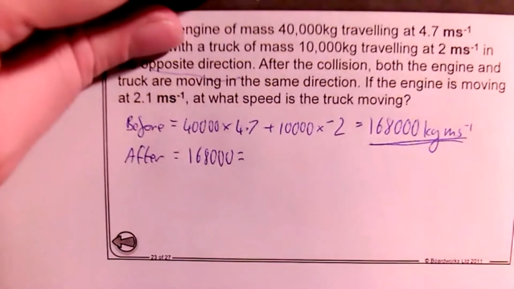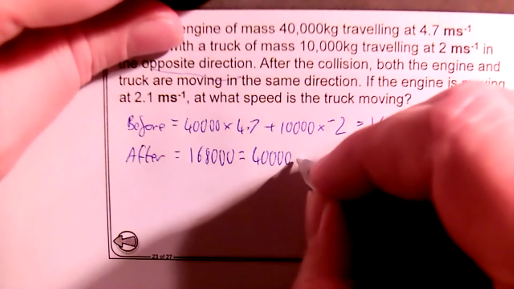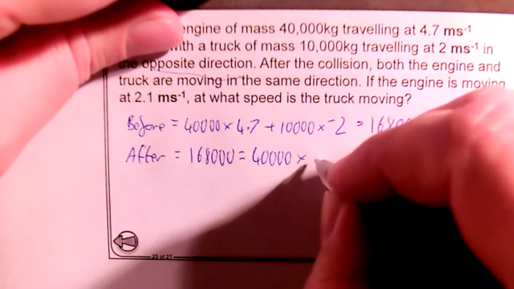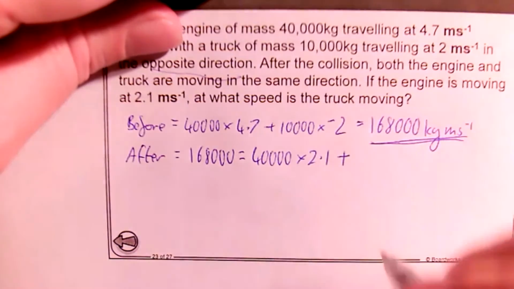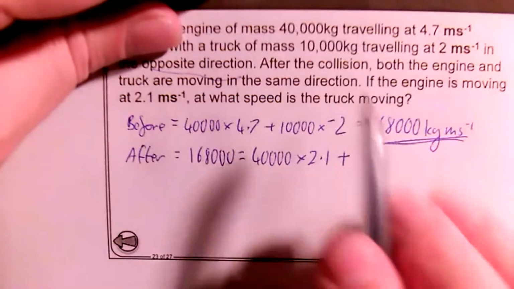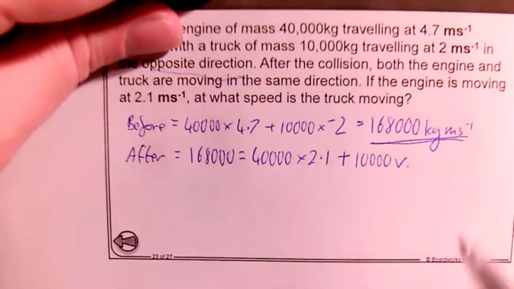So it's 40,000 multiplied by 2.1, plus, because it's moving in the same direction, 10,000 times v. And we want to work out v.